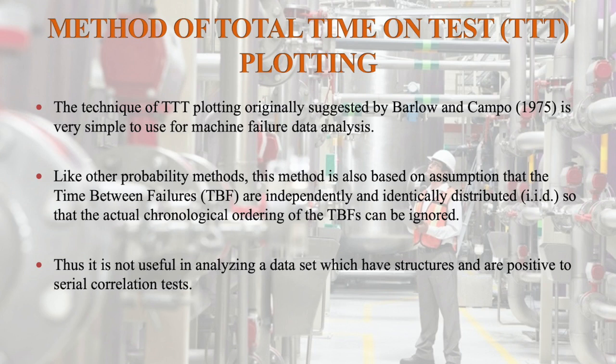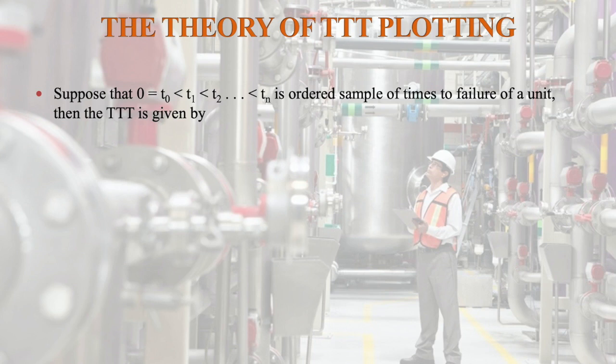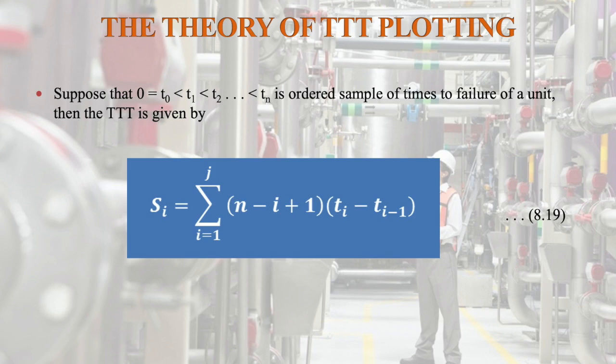The theory of TTT plotting. Suppose that 0 = T0 < T1 < T2 < ... < Tn is an ordered sample of times to failure of a unit, then the TTT is given by Si = sigma j = 1 to i of (n - j + 1)(Tj - Tj-1).